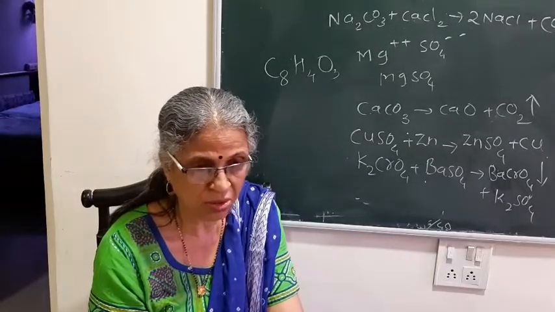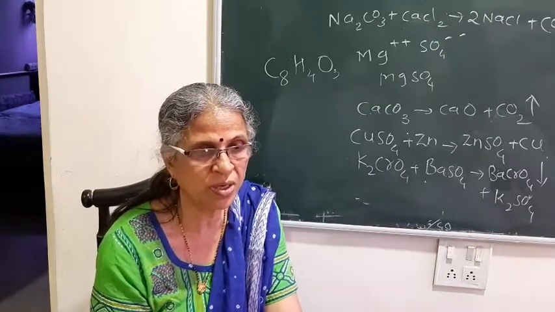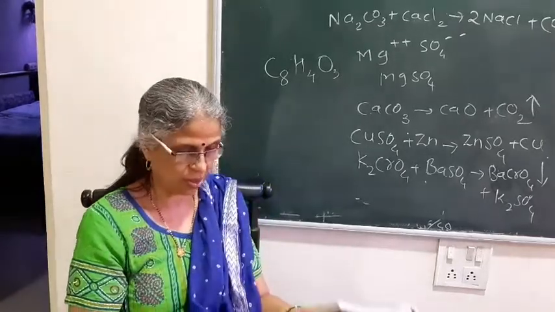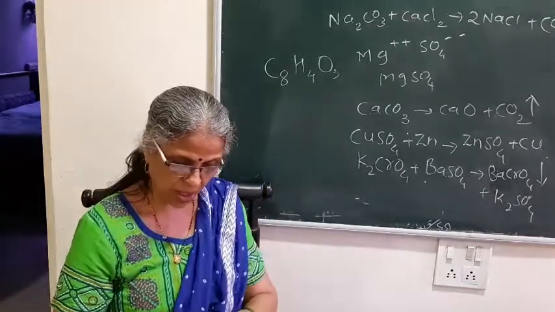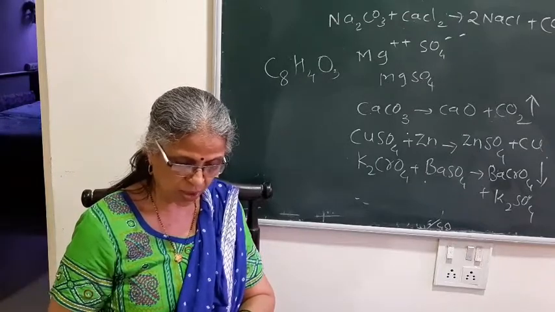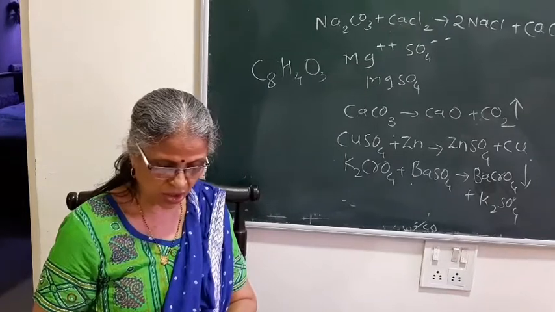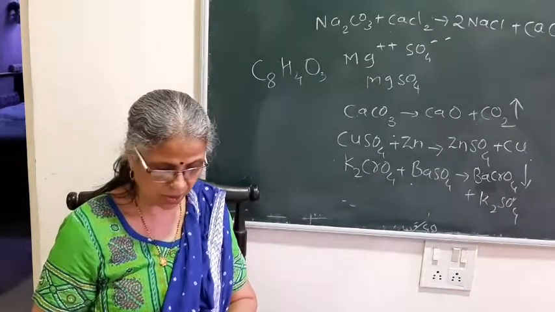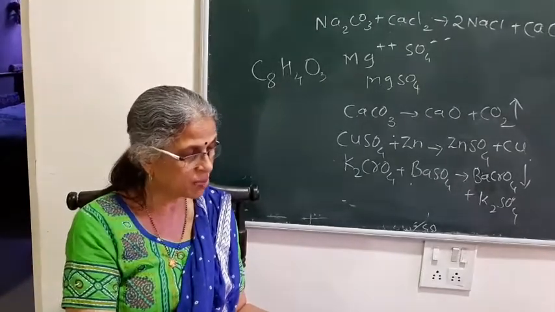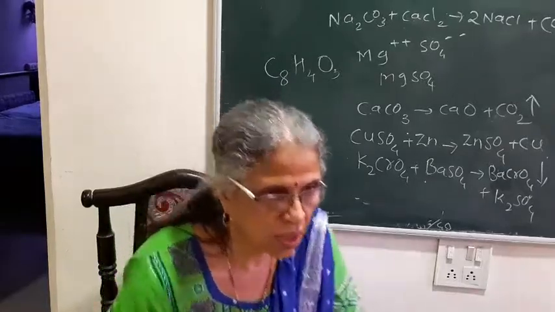The original bonds present in the reactants break and new bonds are formed by supply of energy. One example is the combustion of coal in air, a chemical reaction in which it reacts with oxygen to form carbon dioxide as a product. We can write this reaction using a chemical equation. What chemical equations are, we are going to see in the next lecture.